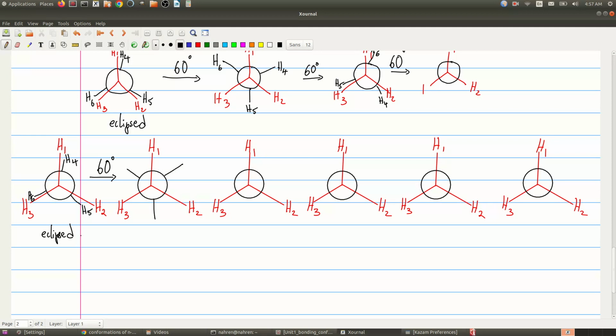Labeling H4, H5, and H6, if you rotate this by 60 degrees again, you will get another eclipsed conformation, and rotating again by 60 degrees gives another staggered conformation.